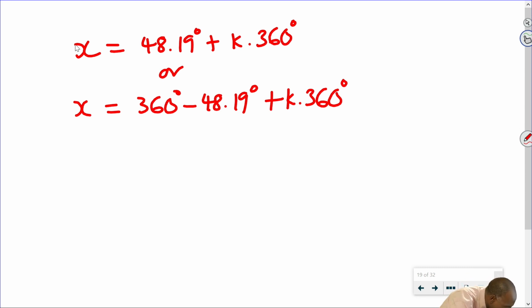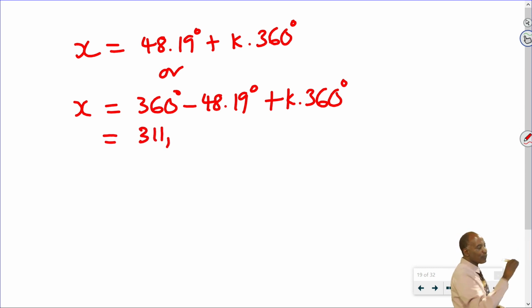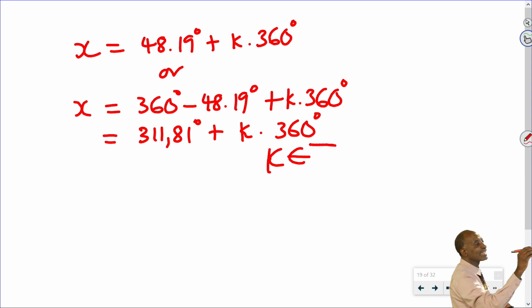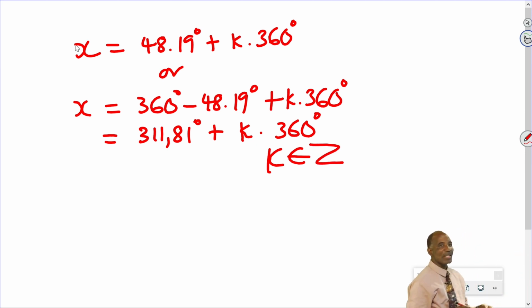So you take your calculator, you say 360 degrees minus 48.19 degrees. It gives us 311.81. It means those are the angles that are in the fourth quadrant. They will be led by 311.81 degrees plus k 360 degrees for k an element of integers. That's what we mean by a general solution in this case.